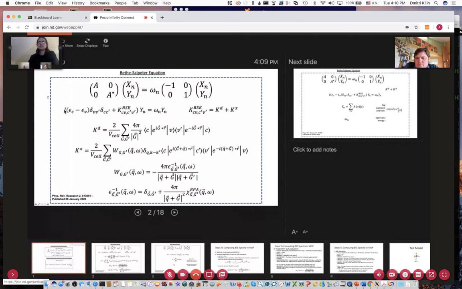It's just a difference of whether they use TDDFT, which deals with describing the response of the density, or whether they use GW calculations, which is the typical protocol for Bethe-Salpeter.